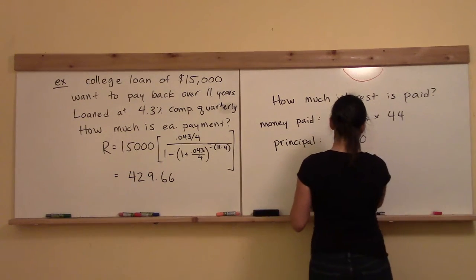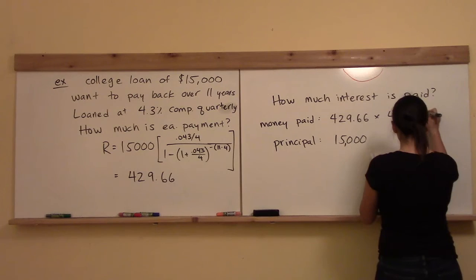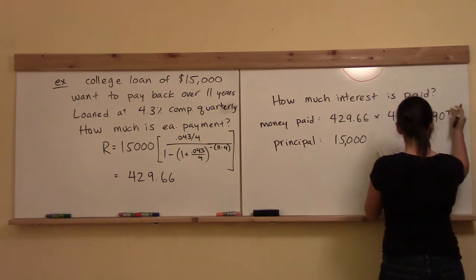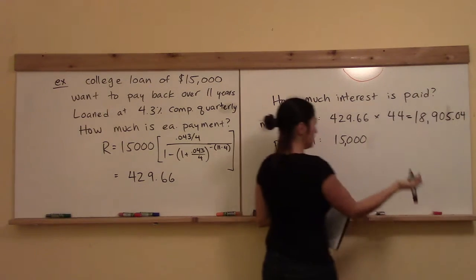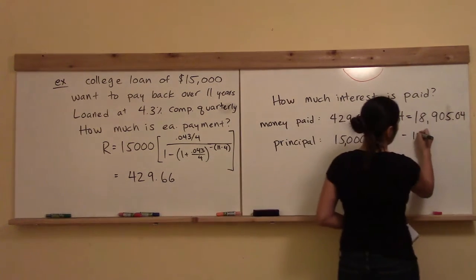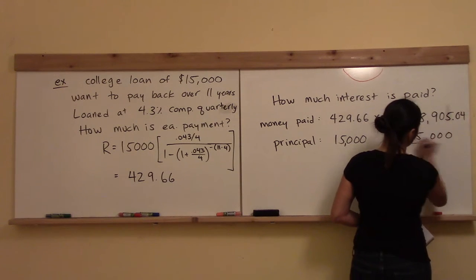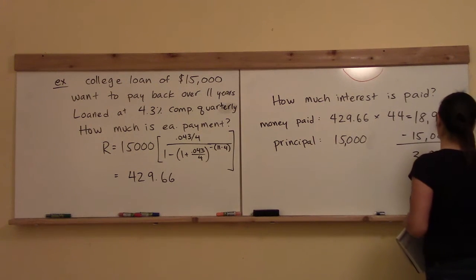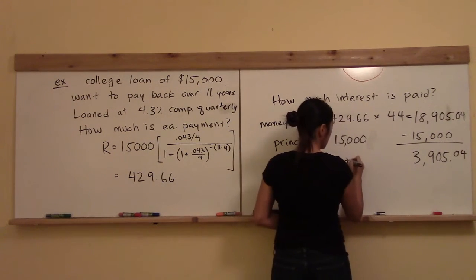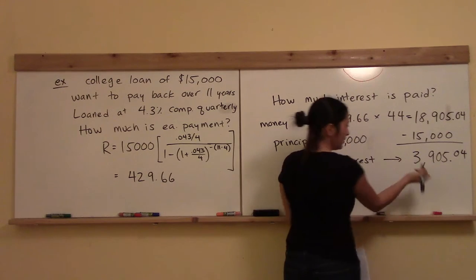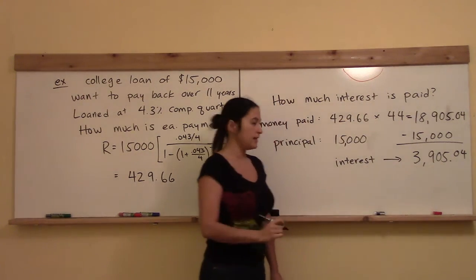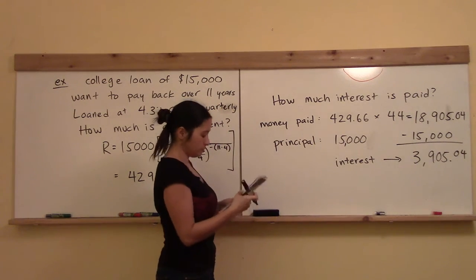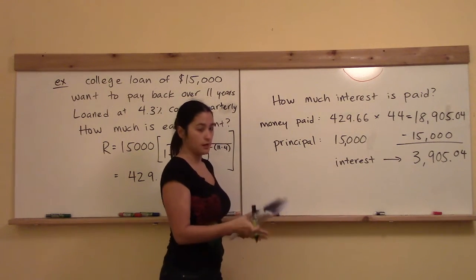So I'm going to subtract that away from a total payment that I actually made of $18,905.04, okay? And then I'm going to subtract off the $15,000 that was actually loaned to me, and then you're going to see in the end you had to pay an extra, this is the interest paid, an extra $3,905.04 was paid, and that's just the charge for having borrowed that amount of money for that amount of time.